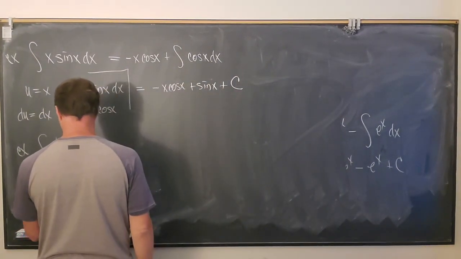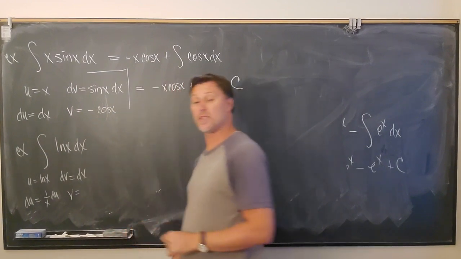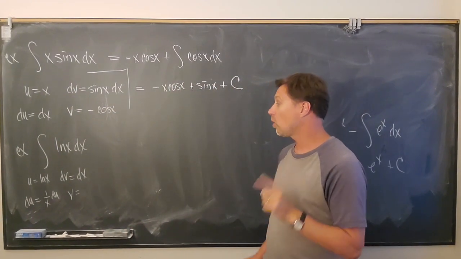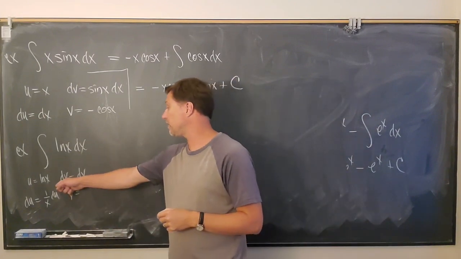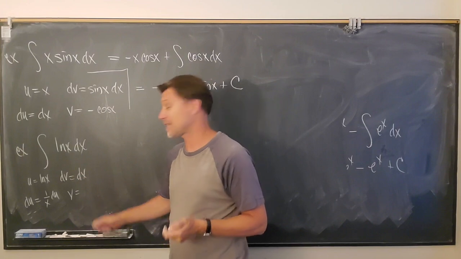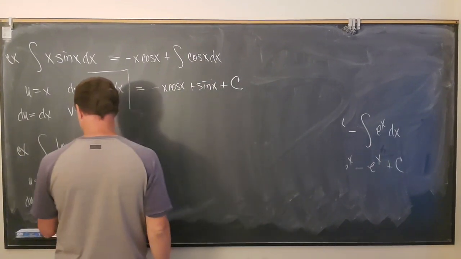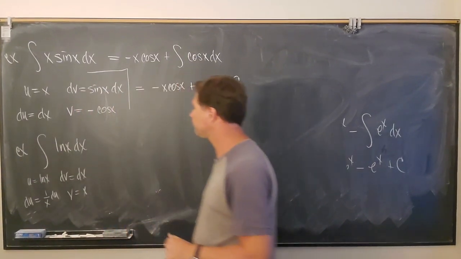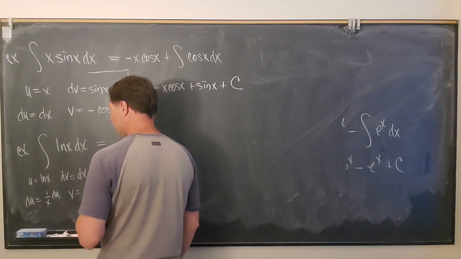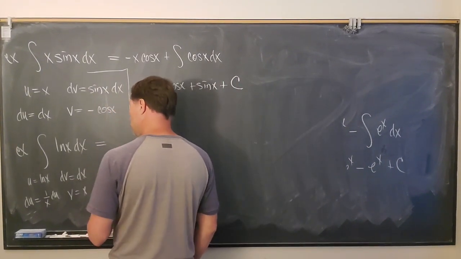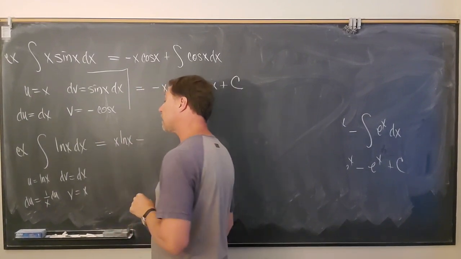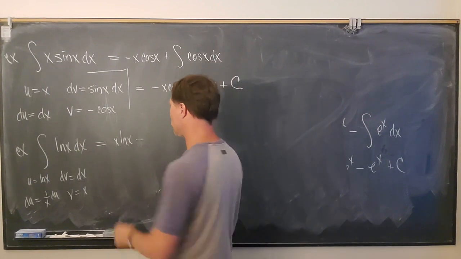Then, for dv, once we've chosen dv, we have to compute v by anti-differentiating. So whatever you put equal to dv, it's something that you need to be able to take the antiderivative of. In this case, we'll get v equals x. And so now if we throw it into the formula, what we'll get is u times v, that's x natural log of x, minus the integral of v times du.